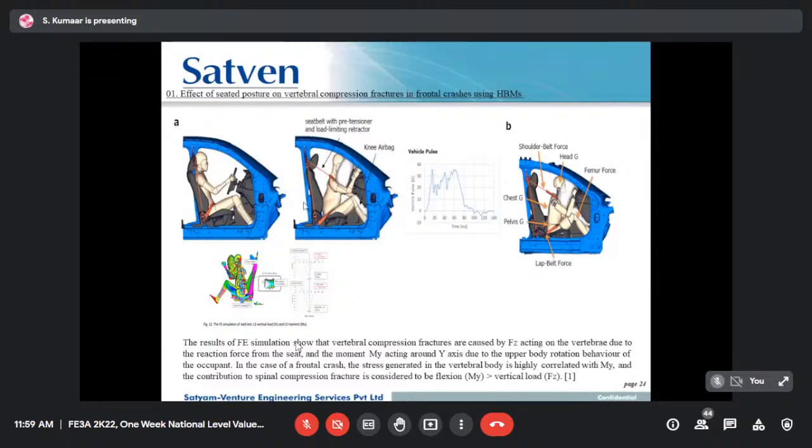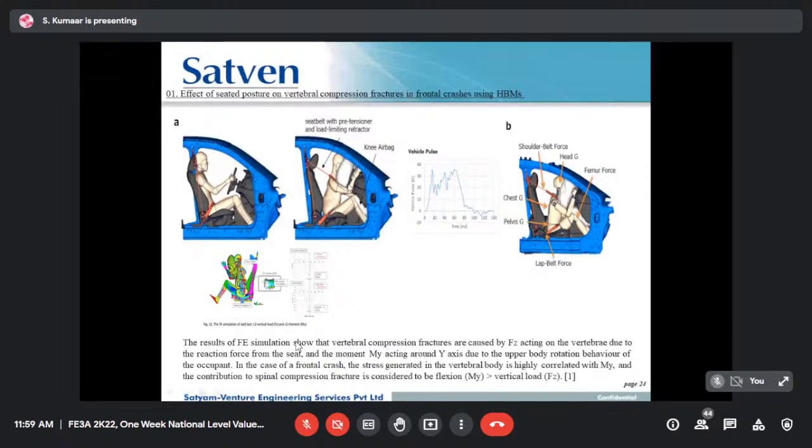In the same way, we need to see how much force and acceleration the pelvis experiences and how much it moves forward. If the pelvis moves too far forward, the knee will impact the IP, and if it impacts the IP with huge velocity, the knee will also get injured.